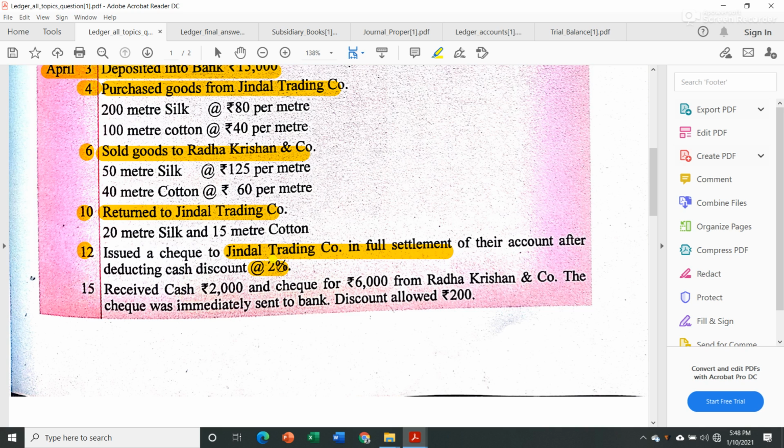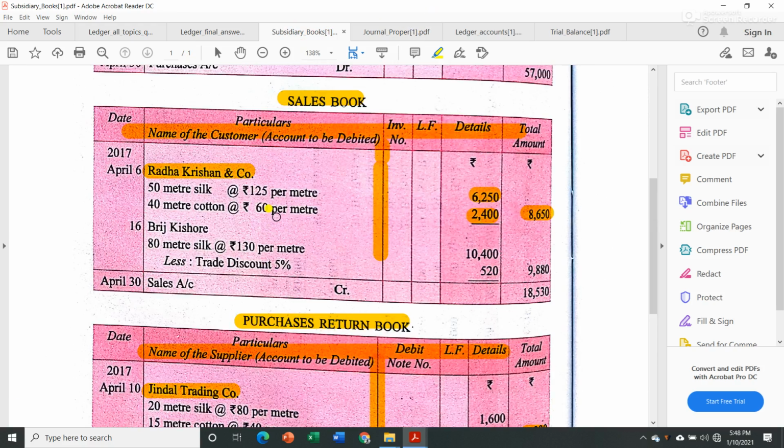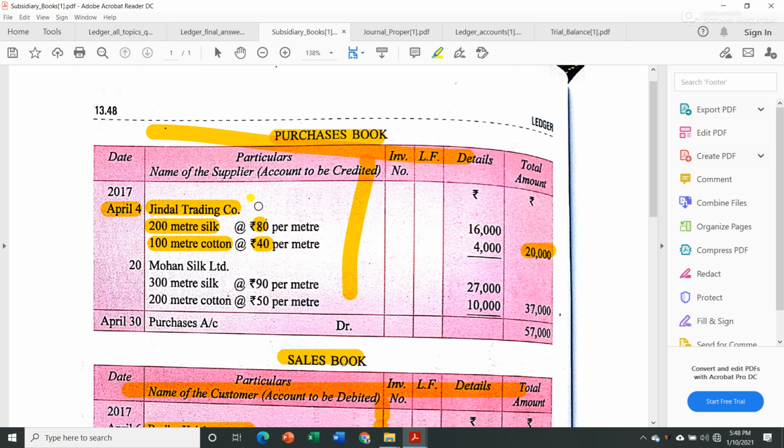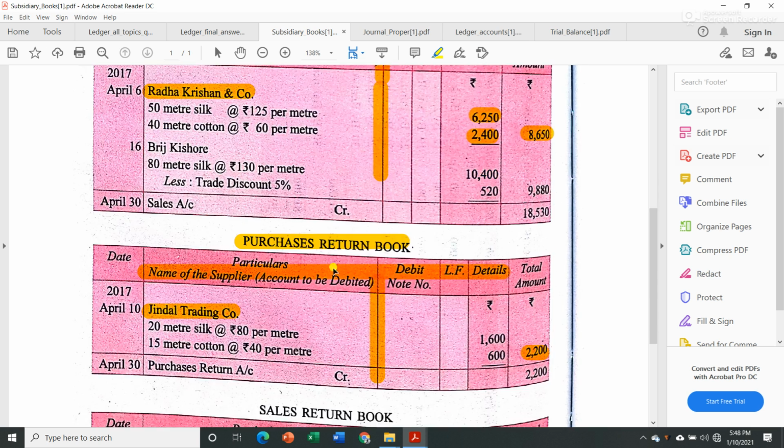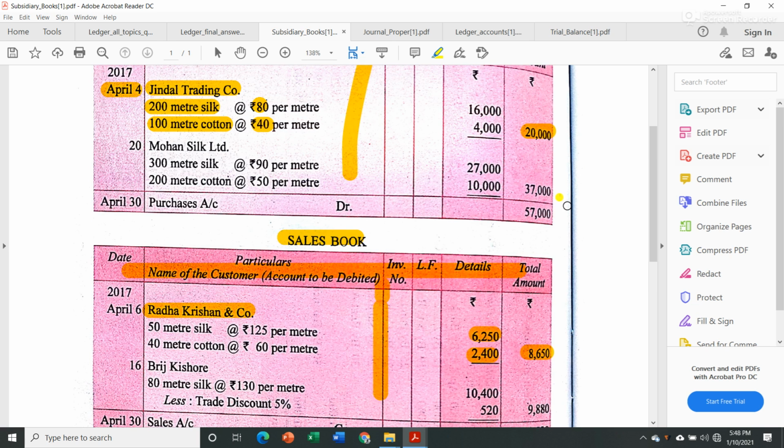Now let us see how much amount we were supposed to pay him. For this we have to see in the subsidiary books. We purchased first from Jindal Trading Company rupees 20,000. Then we returned goods worth rupees 2,200. When you deduct this 2,200 from 20,000, you will get 17,800. Now out of this 17,800, we received cash discount of 2%.